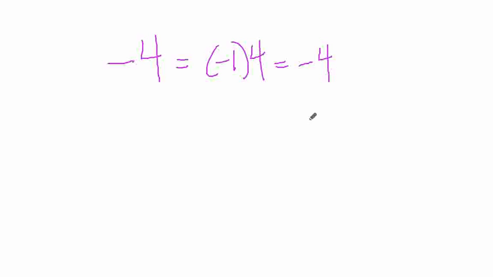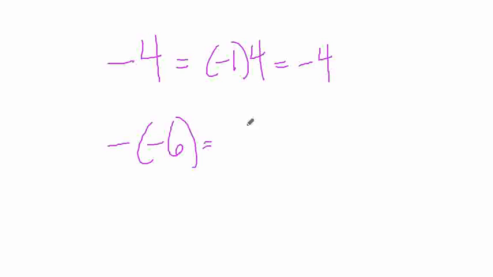One way that might be useful is understanding when you have two negations. So what if I had minus minus 6? The point I'm trying to make is you can interpret negations as multiplying by minus 1.